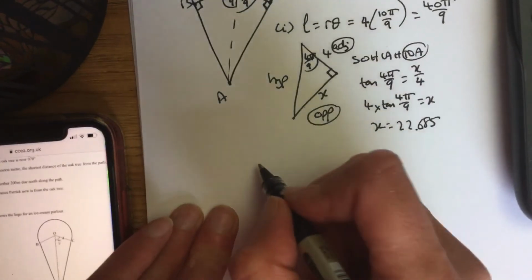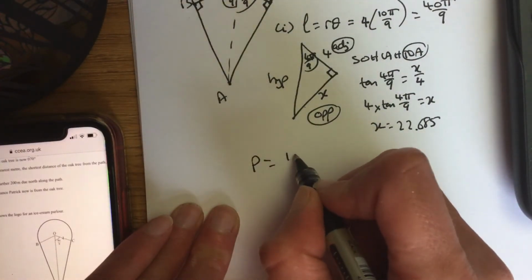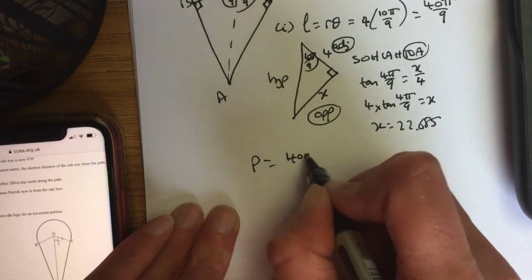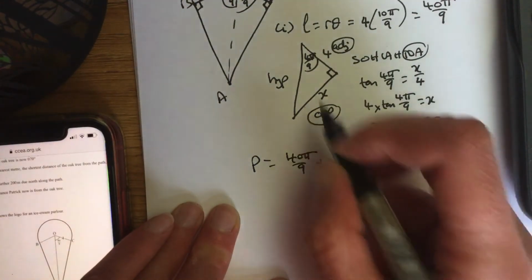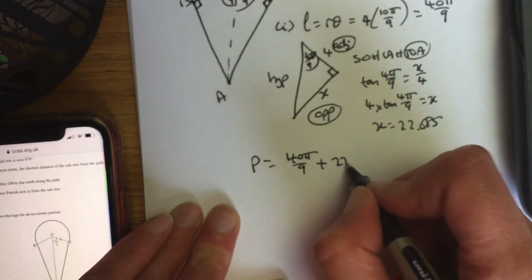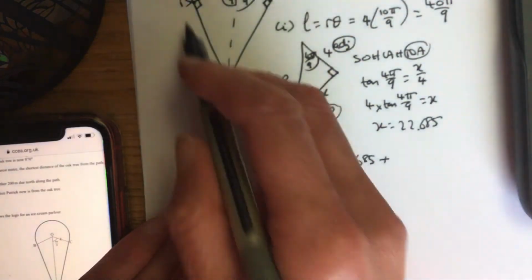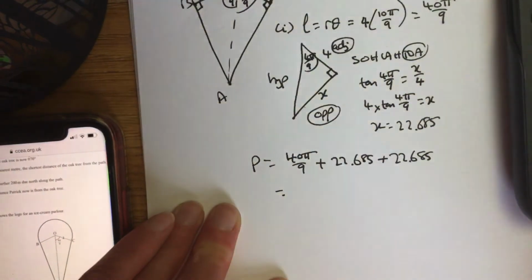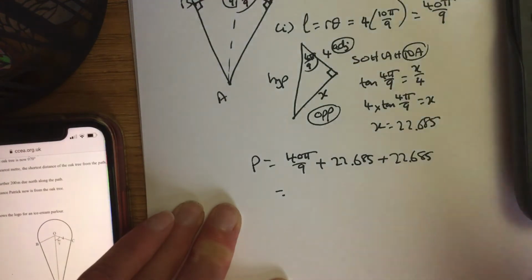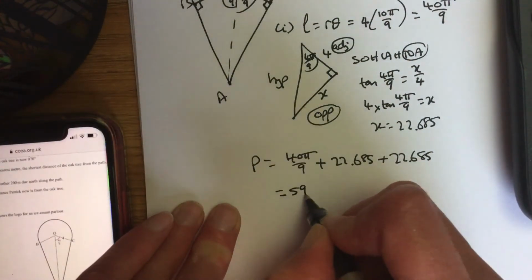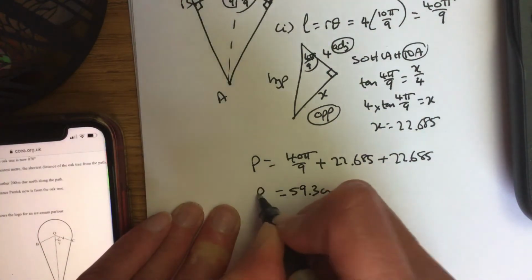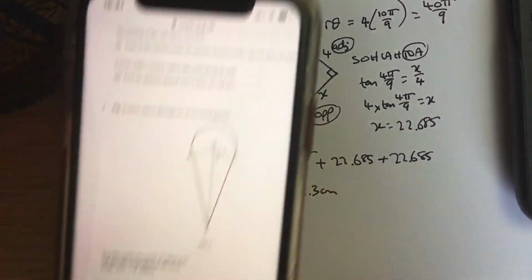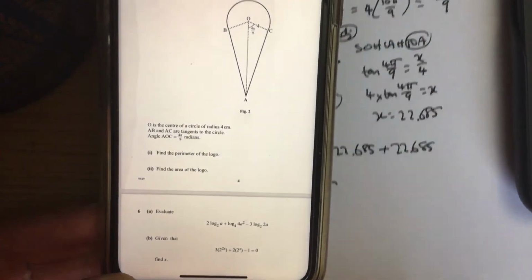The perimeter then is the curved bit, which you have worked out to be 40 pi over 9, plus that x side, which is 22.685, plus the other x side, which is 22.685. So putting that all through the calculator gives you an answer to 3 significant figures of 59.3 centimetres.